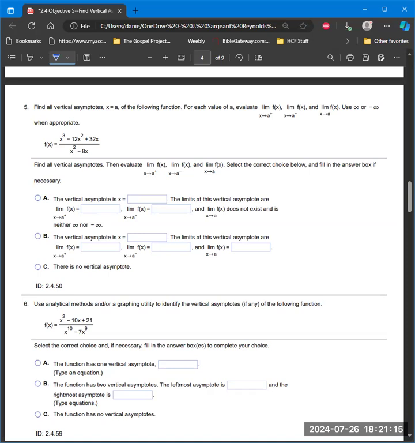Use infinity and negative infinity where appropriate. x times x squared minus 12x plus 32 over x times x minus 8. So that's going to be, let's factor that, x minus 4 and x minus 8.